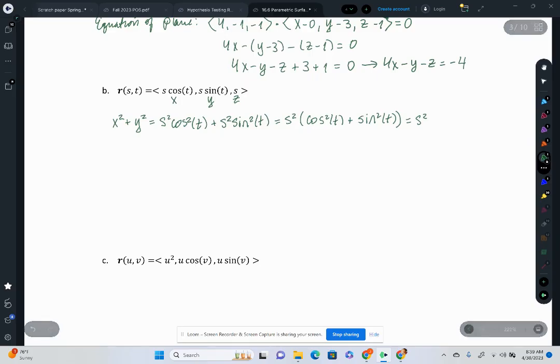But s is equal to z. So if x squared plus y squared is equal to s squared, that means that x squared plus y squared is actually equal to z squared.